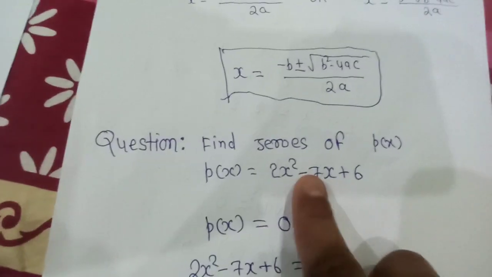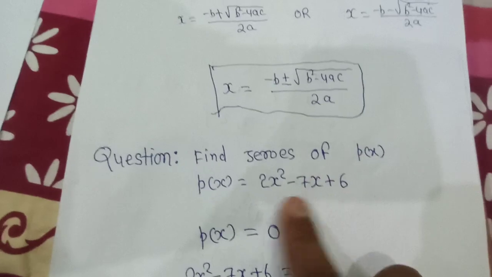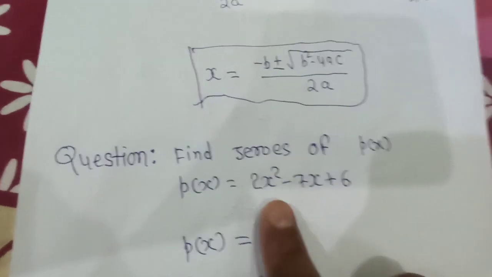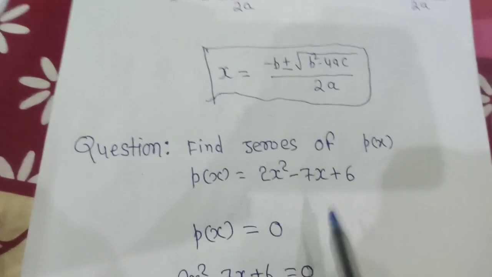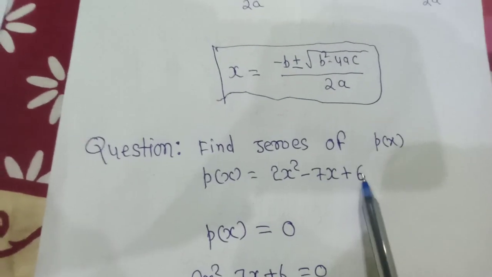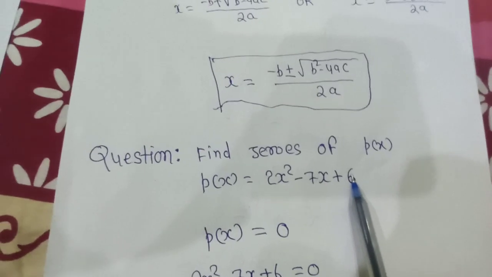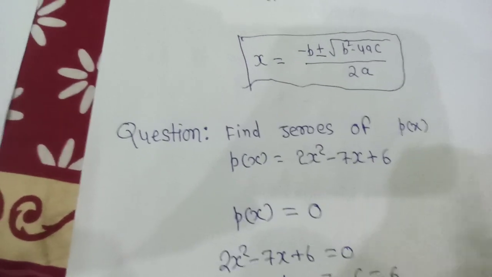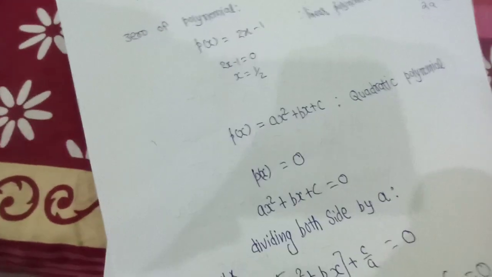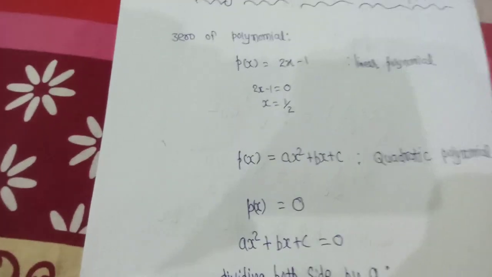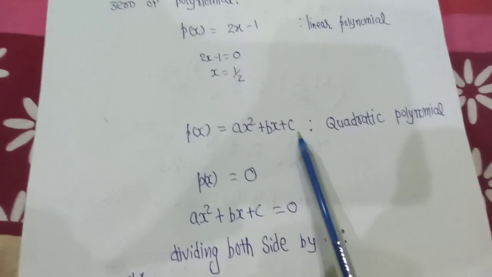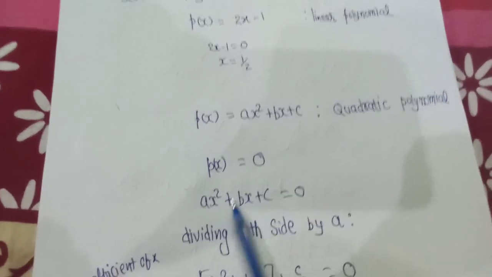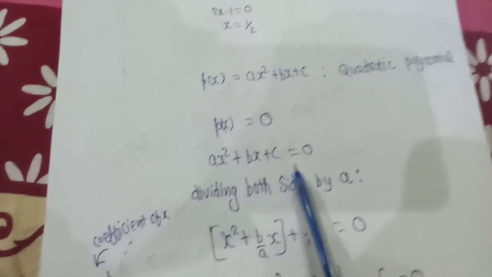So if it is possible, we somehow convert this quadratic into a linear polynomial, then equate it to 0, and then we find the zero of the polynomial. So in general, here we are given a quadratic polynomial ax square plus bx plus c, and we want to find the zero of this quadratic polynomial. So we equate it to 0, and this will become ax square plus bx plus c equals to 0.